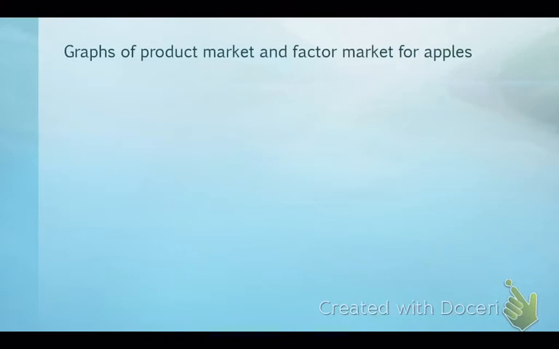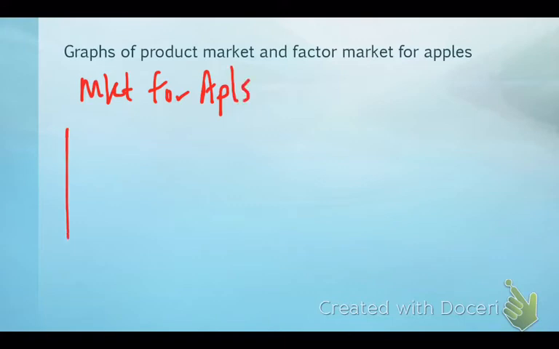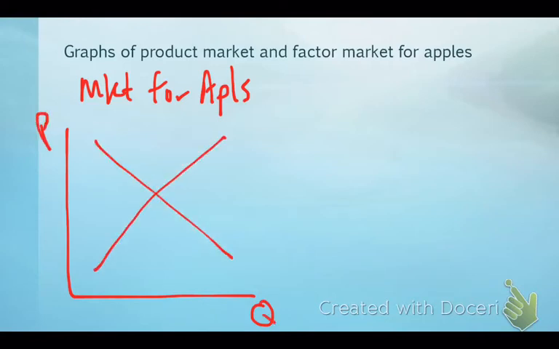Graphs of the product market and the factor market for apples. Let's compare the product market to the factor market. We've got the market for apples, and so we would have quantity of apples, the price of apples, and we would have a supply-demand graph.